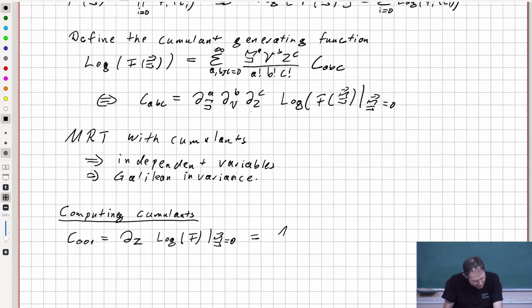You have to differentiate the logarithm, which gives you 1 over f, times the internal derivative, the derivative of f, and now you apply xi equal to 0.